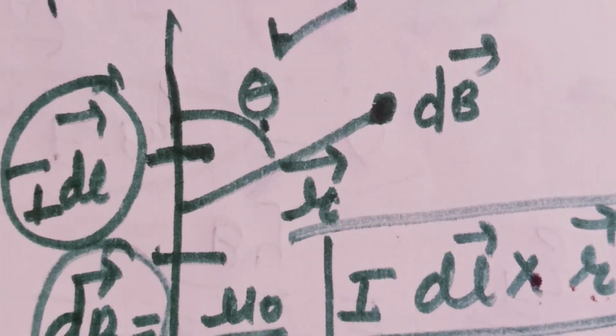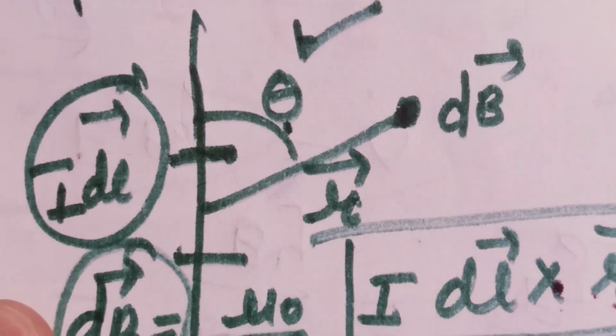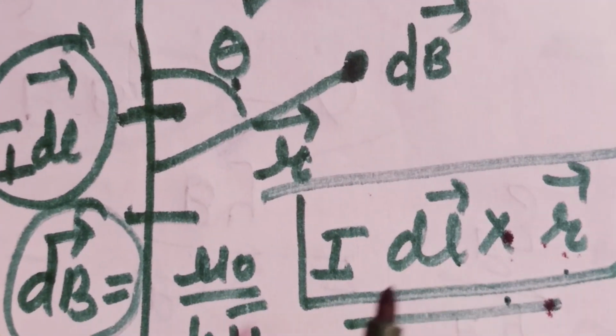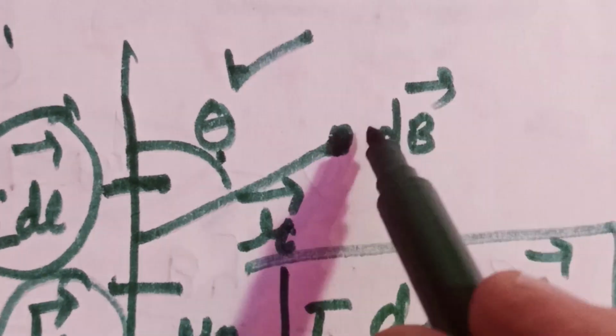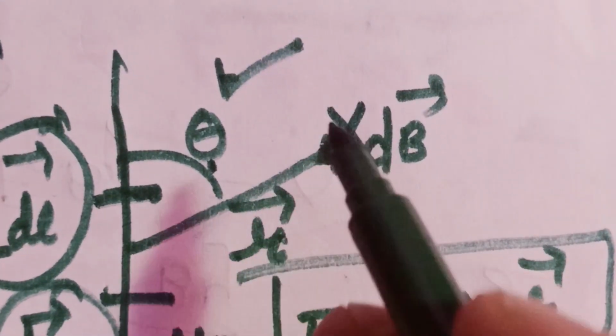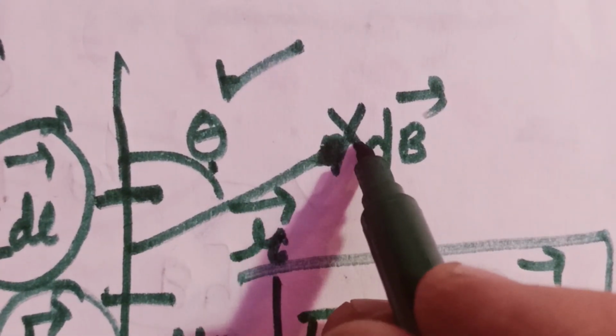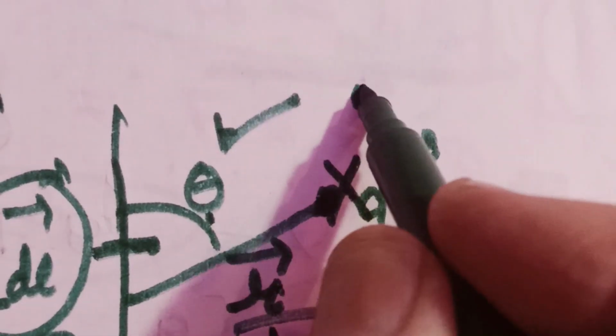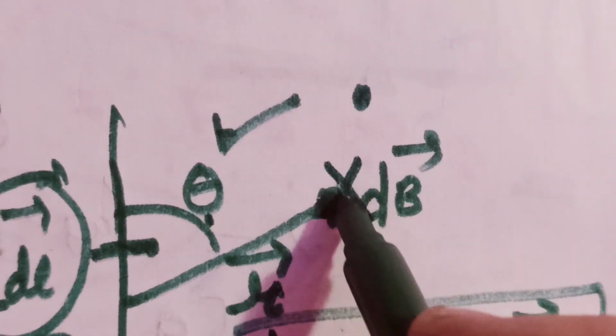Then how do we decide whether it is up or down? If it is down direction, we put a cross here. Cross means perpendicular and down. If it is vertically up, then we put a dot. Cross means down direction, perpendicular down. Dot means perpendicular and outward.